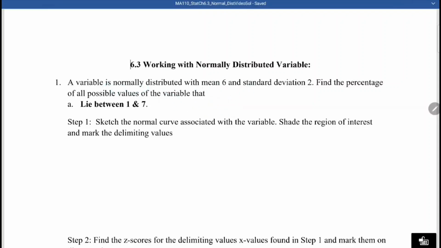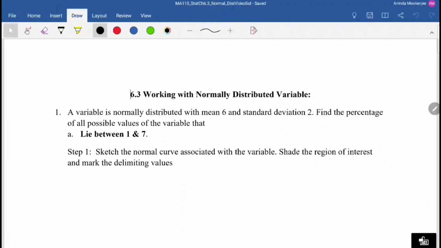It says a variable is normally distributed. So that is part of the information they've given us, and that's a very important piece of information, because if we have to use the standard normal curve, then the variable better be normally distributed.